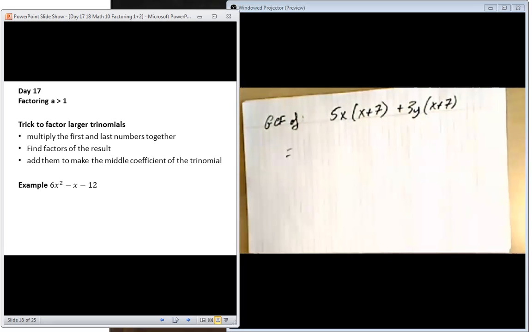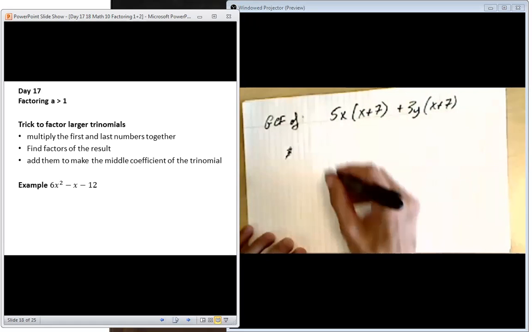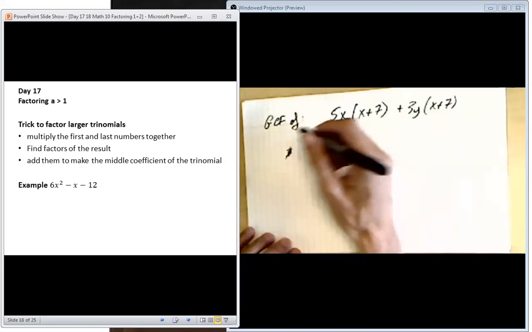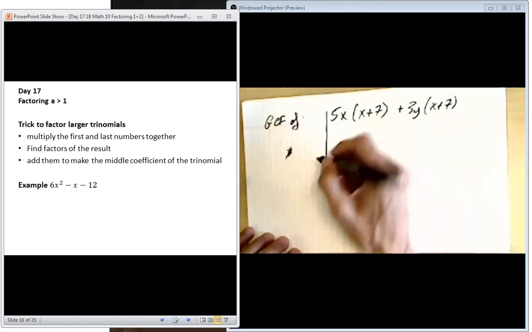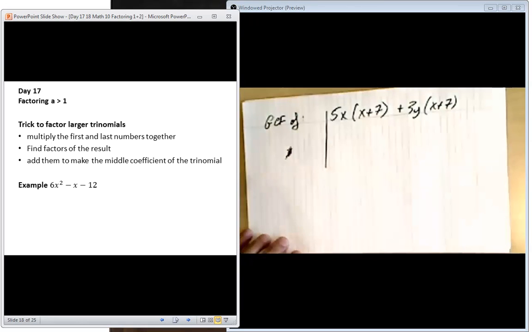Yeah, see? So the GCF of these things, again, we can do it our regular way, but there's a shorter way as well that I'll show you.